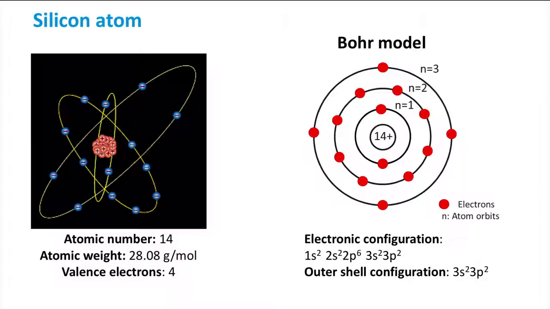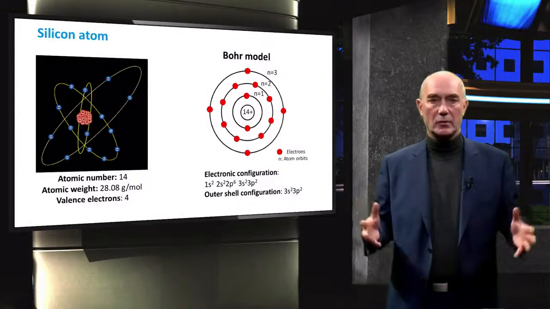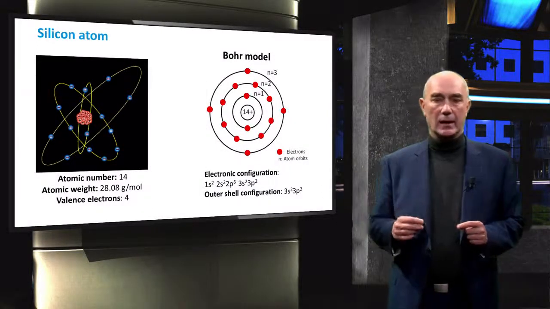There are only 4 electrons in the shell, 2 filling the s orbital and 2 are present in the p orbitals. The 4 electrons present in the third shell and characterized by quantum number 3 are called valence electrons. These valence electrons are responsible for the formation of chemical bonds between the silicon atoms.